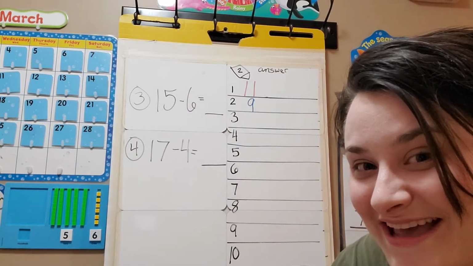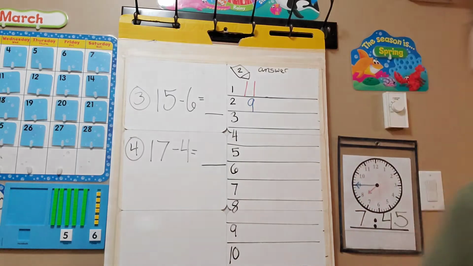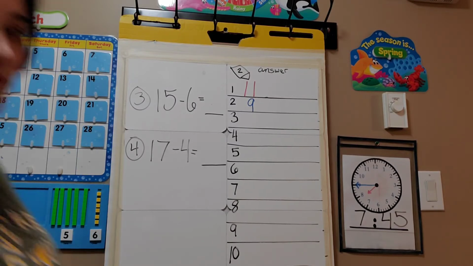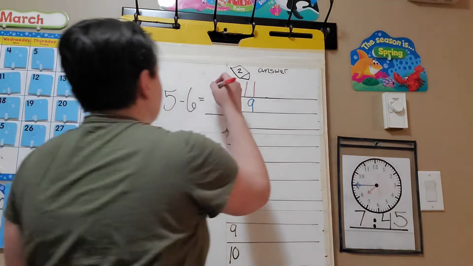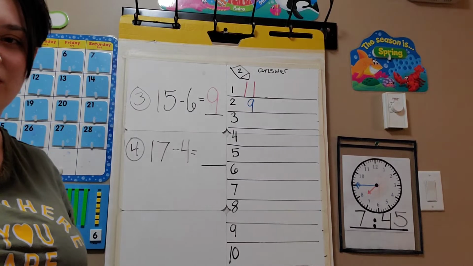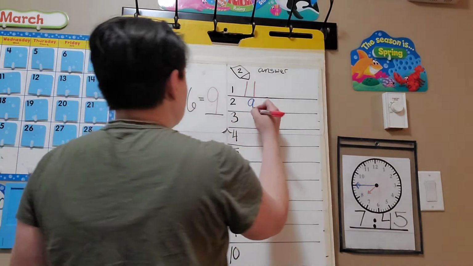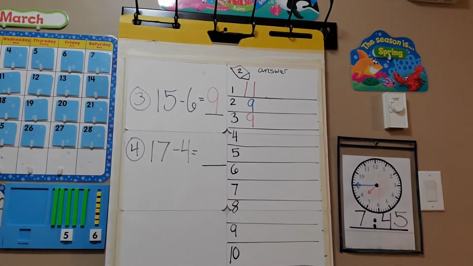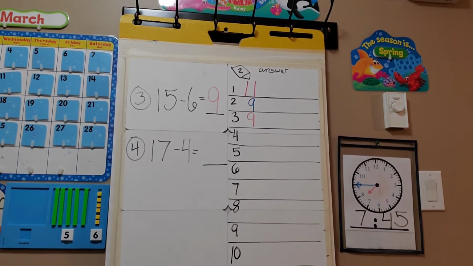15 minus 6, guys. What does that equal? If you got 9, your answer is correct. So number 3 is also 9. Now what about 17 minus 4?